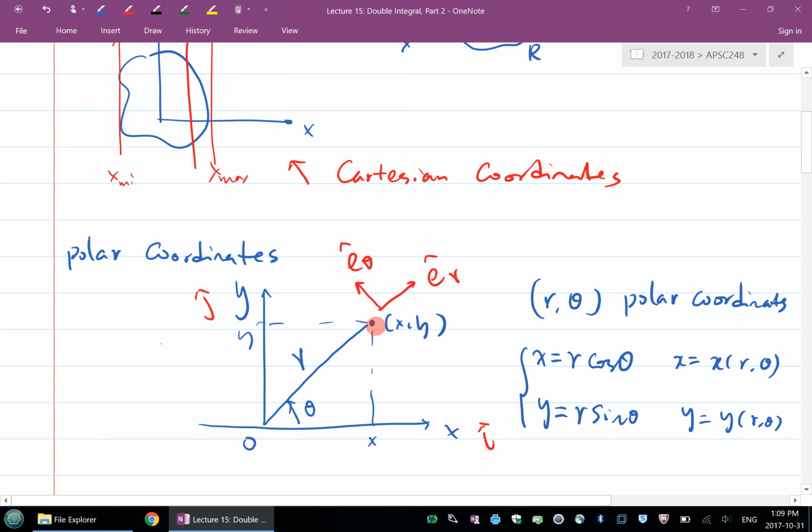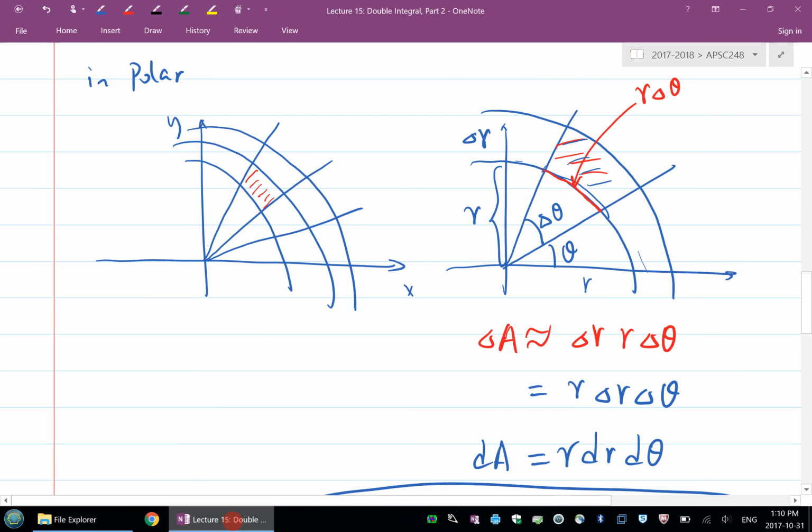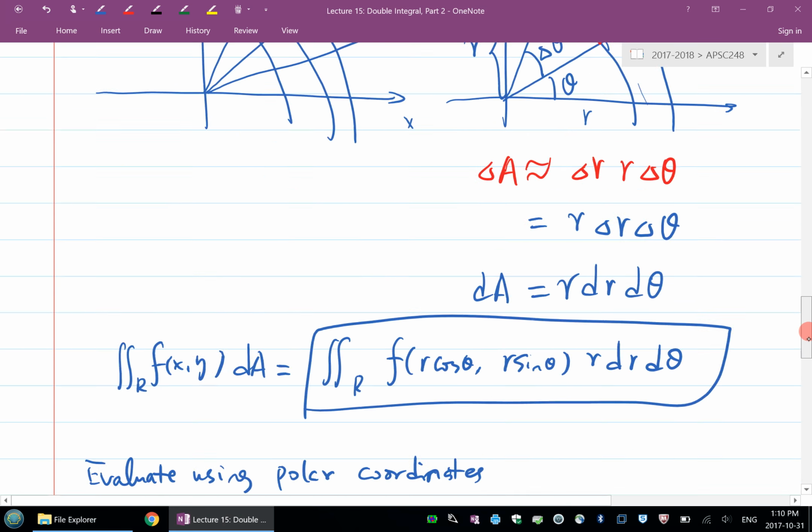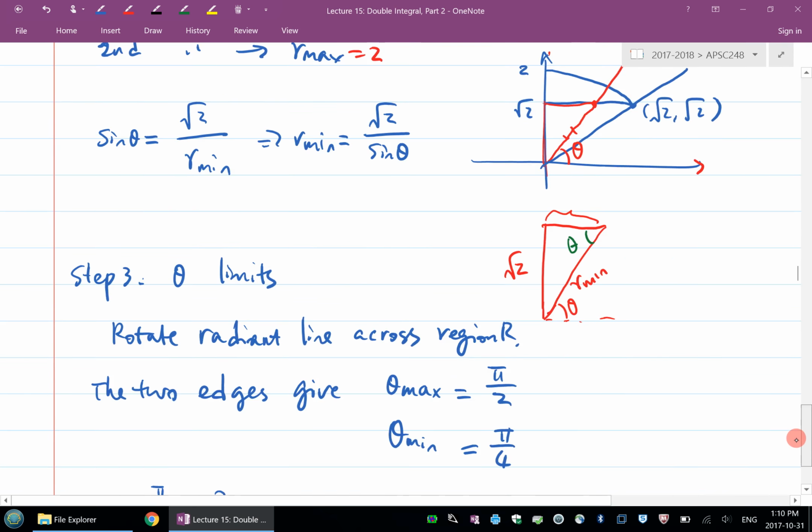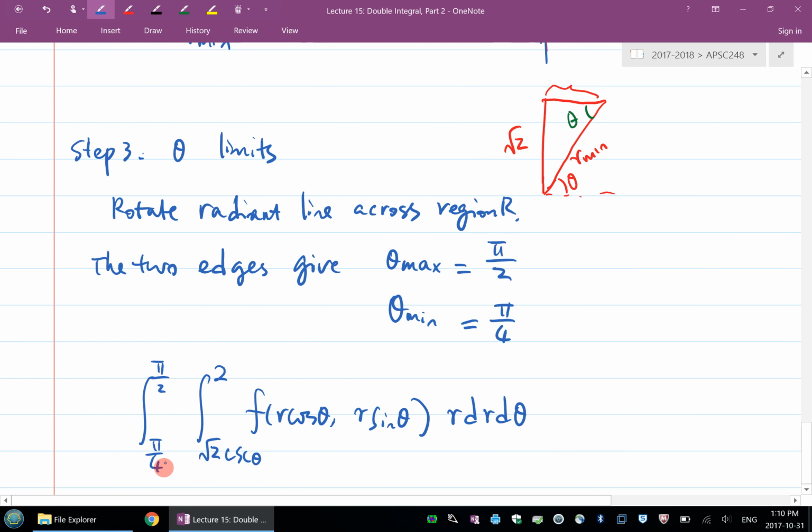In this example, theta is pi over 4 to pi over 2, which is positive. But sometimes theta goes from below the x-axis to above the x-axis. In that case, you can have it go from a negative angle to a positive angle.